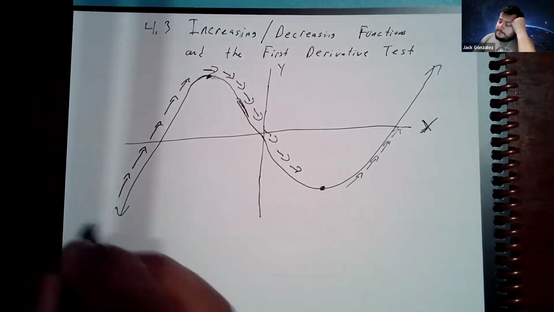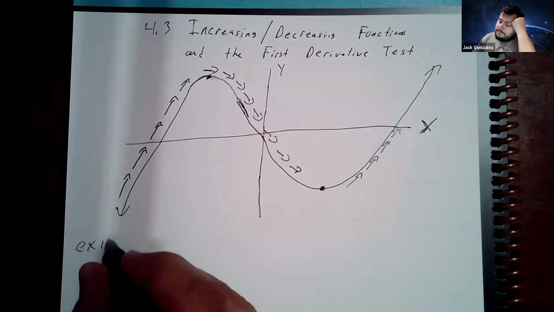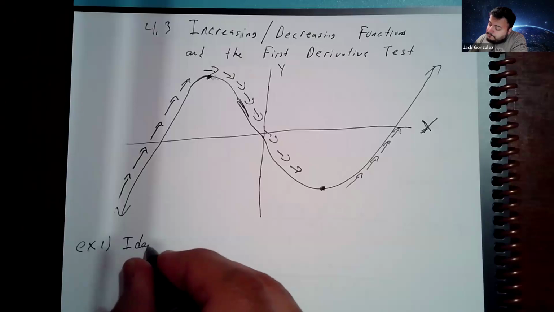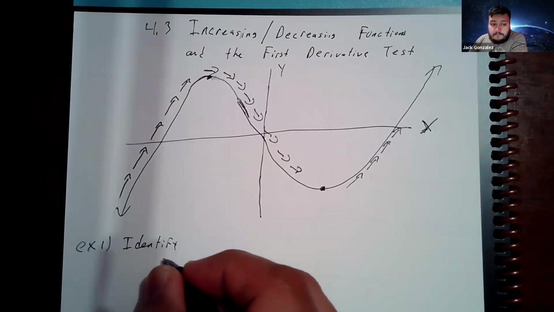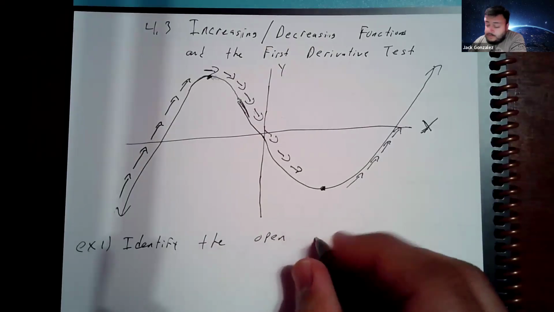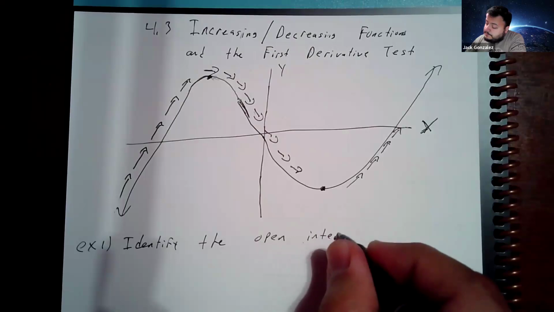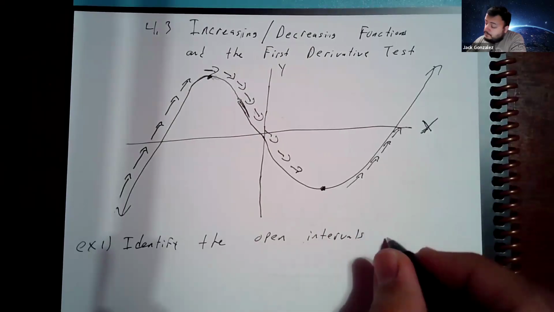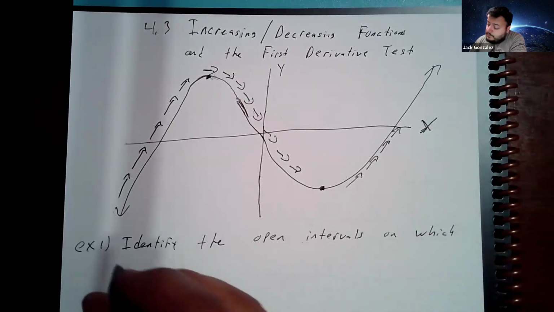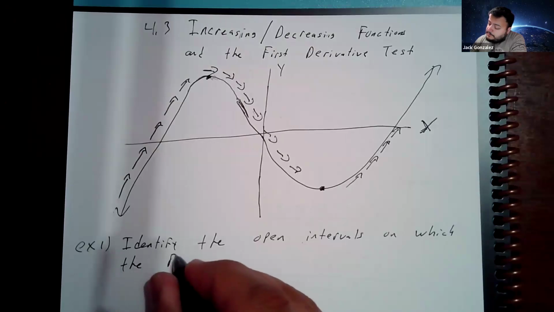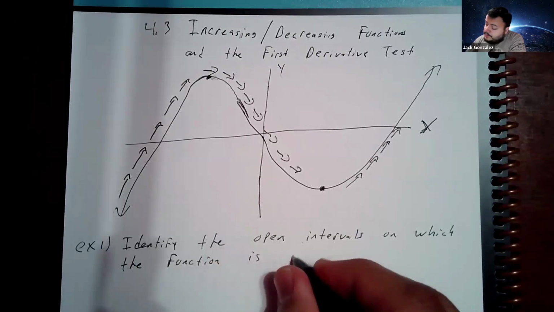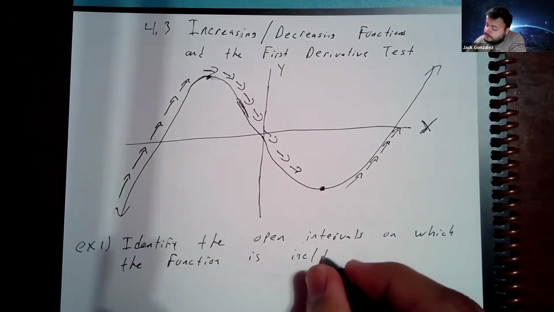So for the first example, let's get started here. Identify the open intervals on which the function is increasing slash decreasing.